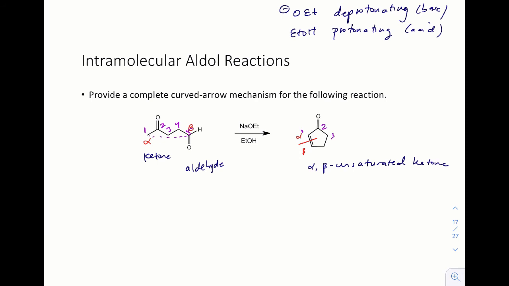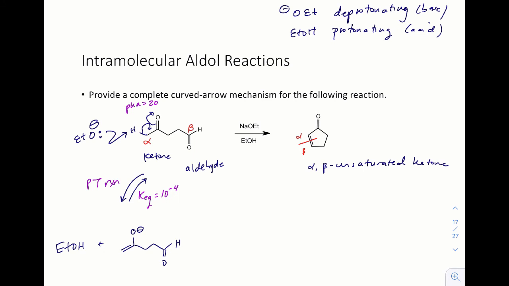That looks about right. Let's give it a shot. To generate the enolate, sodium ethoxide deprotonates the alpha carbon. This proton transfer step is reversible and does in fact favor the reactants of this elementary step.